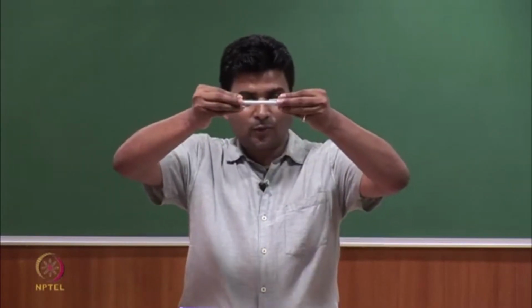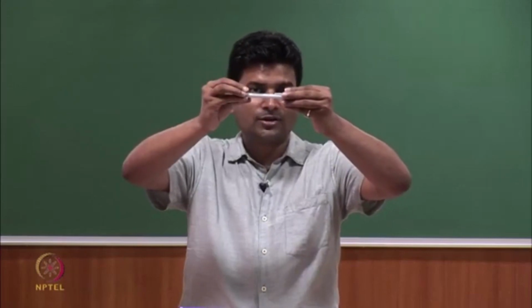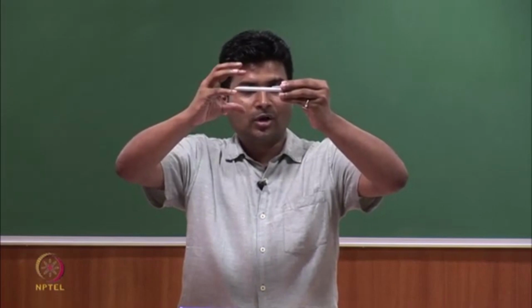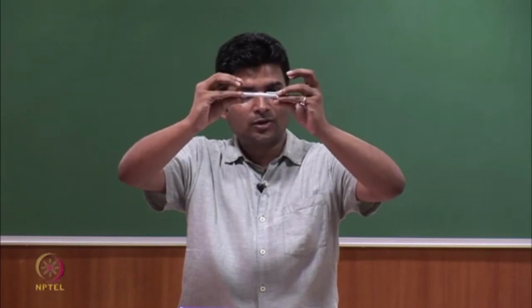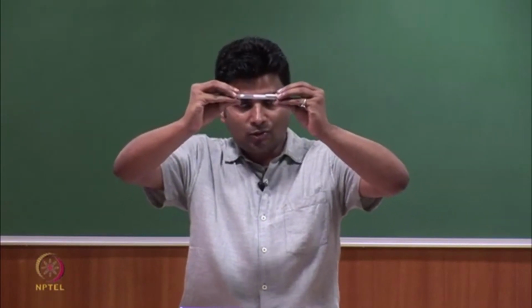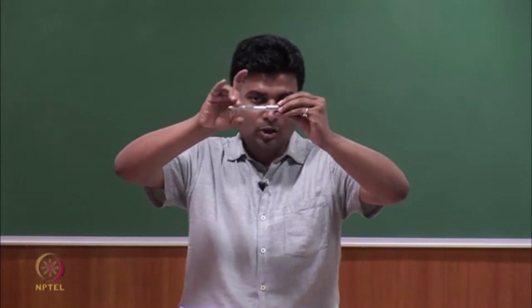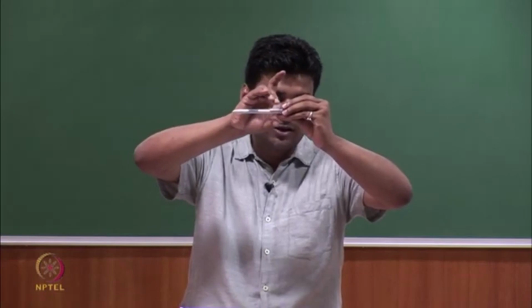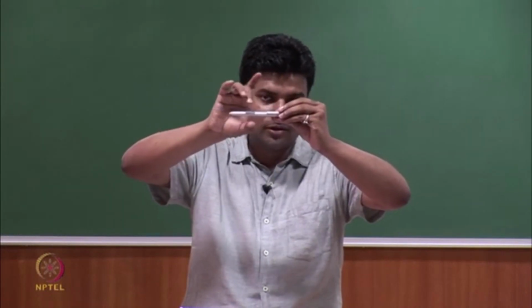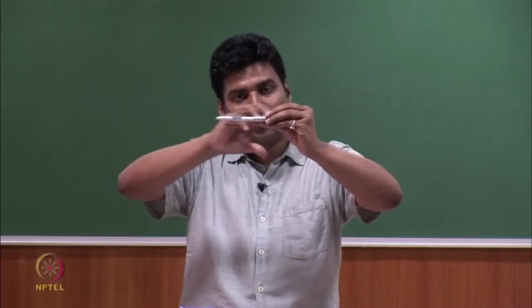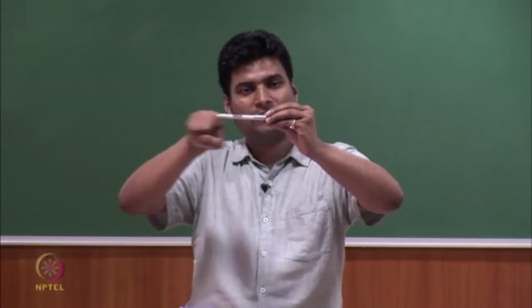So, this actually happens in reality, but then we want to think of a simpler situation where we are applying the force so that the end cross sections are also allowed to relax. If you allow the end cross section to also relax, then as you stretch the bar, each of the cross sections will then shrink by the same amount. Okay. And so, that would mean that we have axial homogeneity.